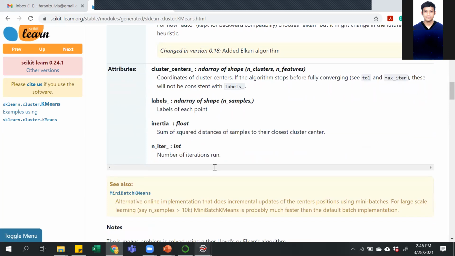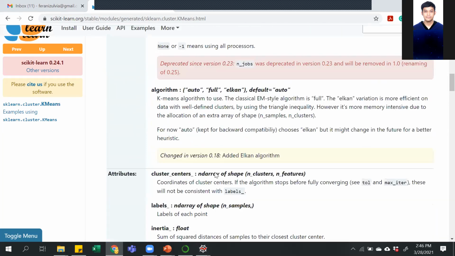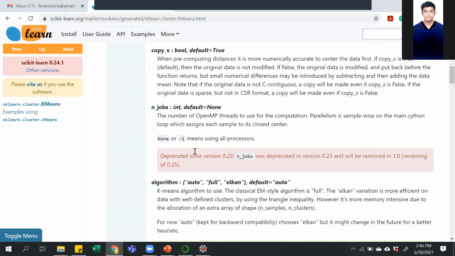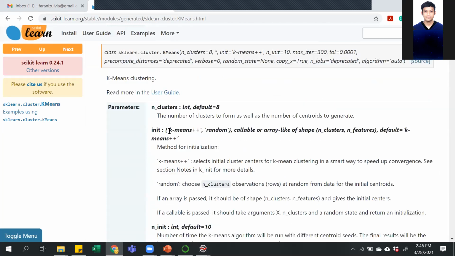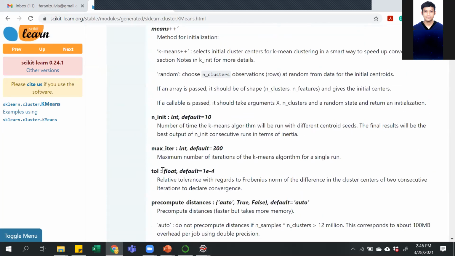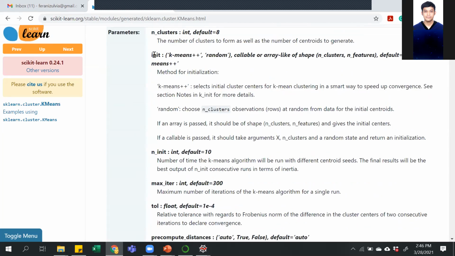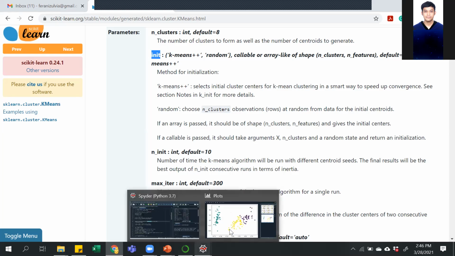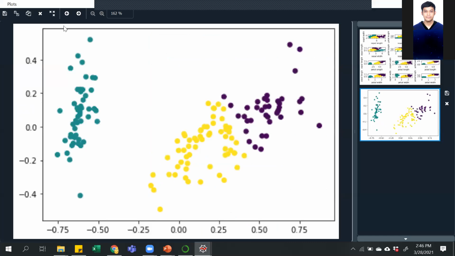Okay, so if you want to observe this package, maybe you can try different parameter settings like this. For example, for the init, we don't use random but we use k-means++. Yeah, iris is quite easy, so this is already the optimum result.